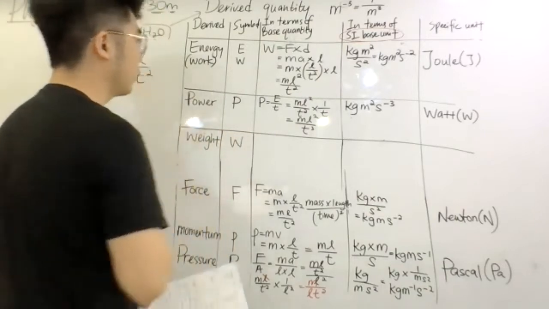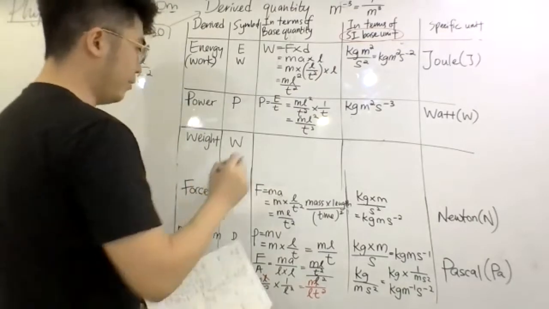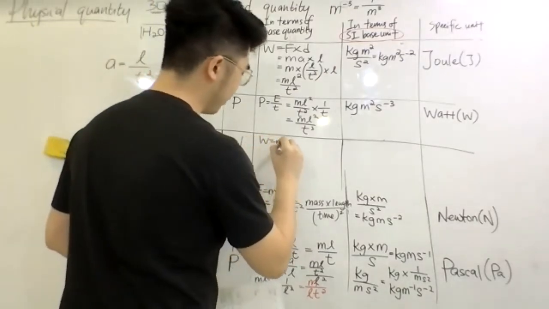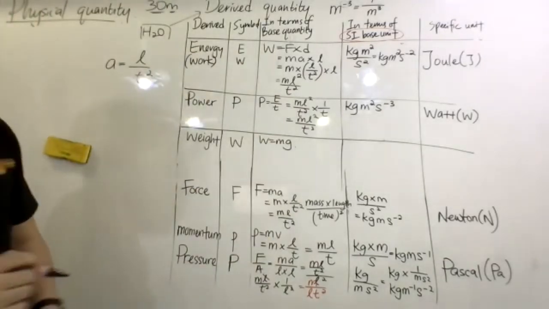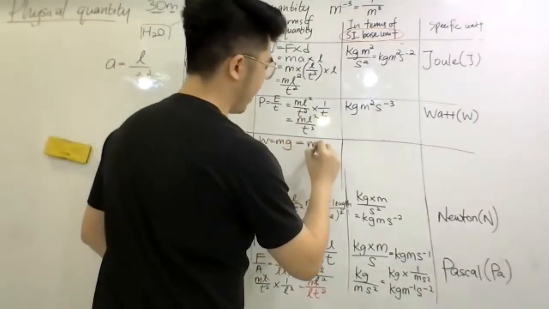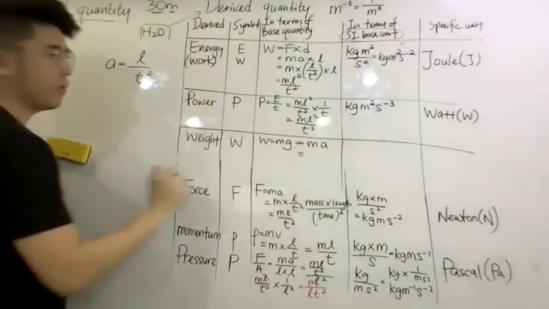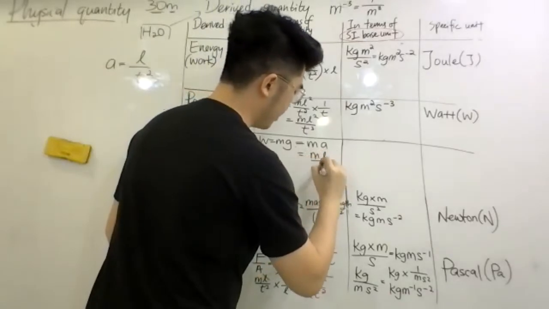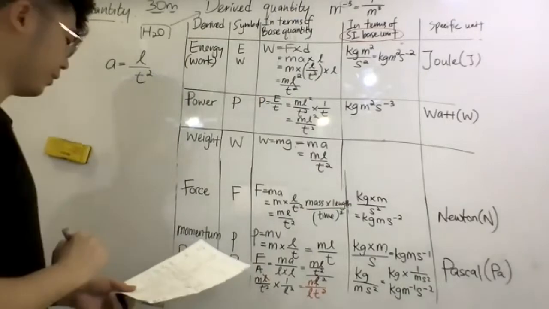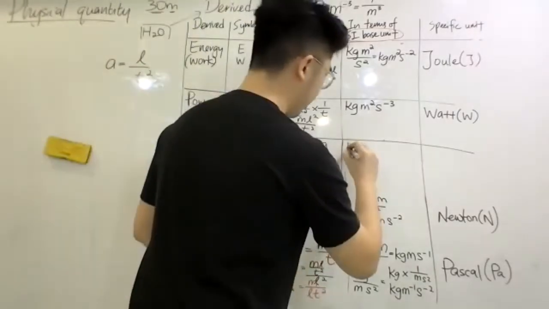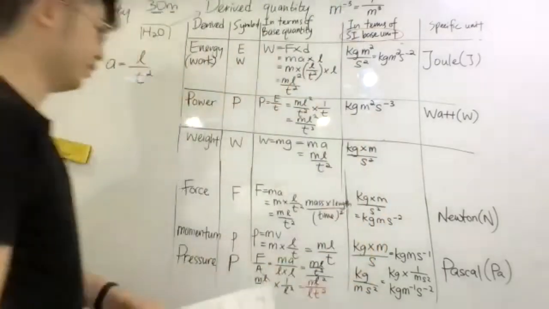Weight, capital W. What is the formula? W equals mg. What is the g? The g is gravitational acceleration. So it's the same as ma. A is L over t squared, so ML over t squared. Mass length over time squared. So kg times m over second squared.